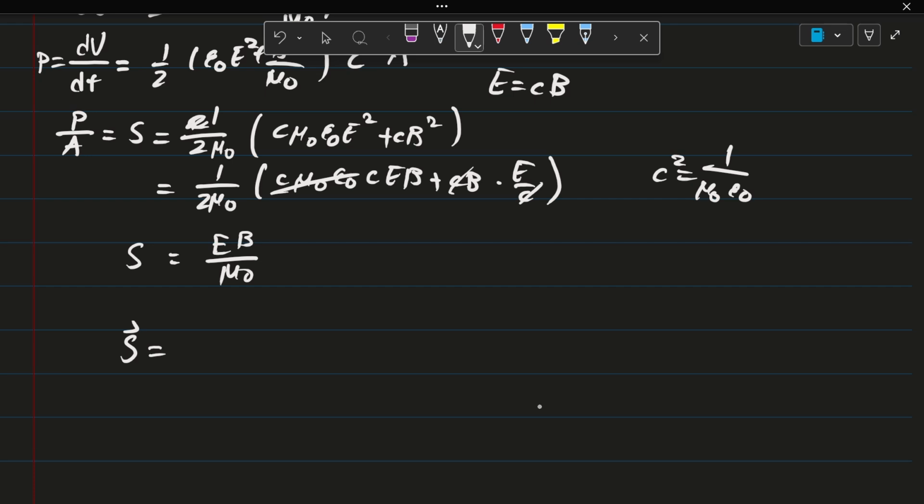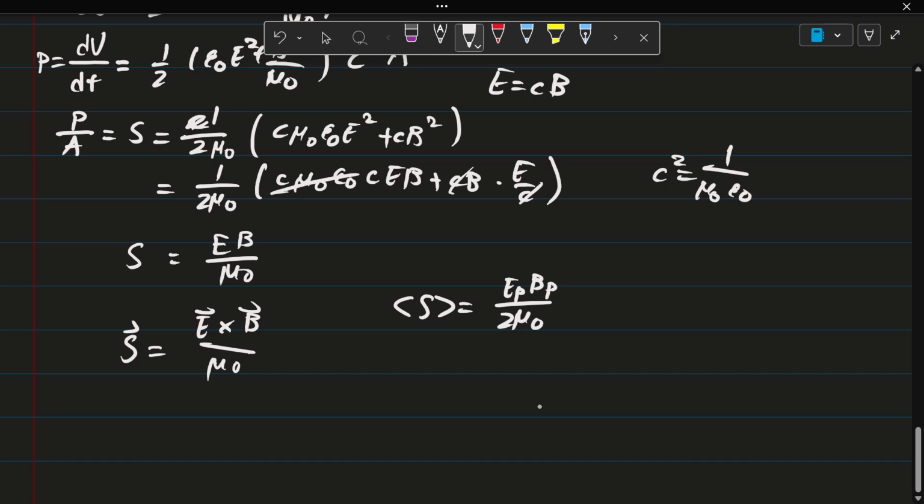It is defined to be the E vector cross B vector, which is the direction of the wave, over mu 0. And for a sinusoidal electromagnetic wave, on average, you could use the same probability that I taught you in the last video. This would be pretty much just E peak times B peak over 2 mu 0.